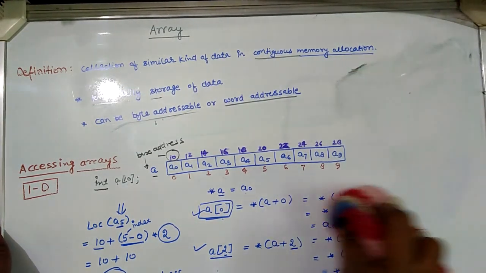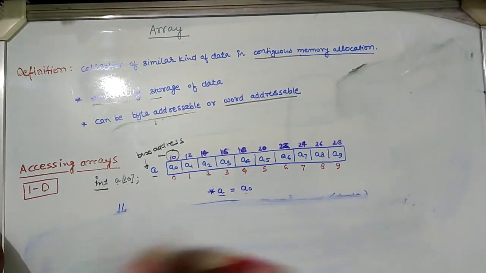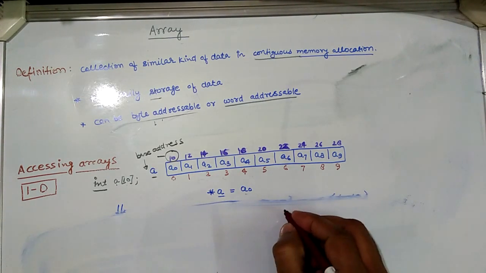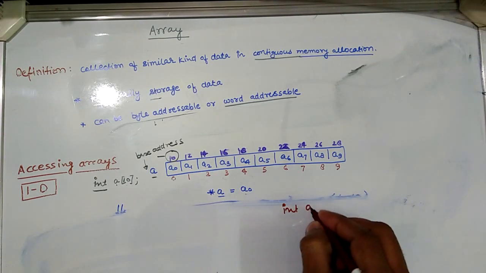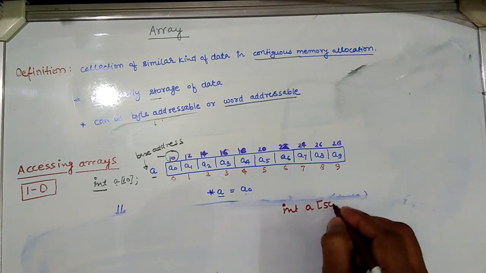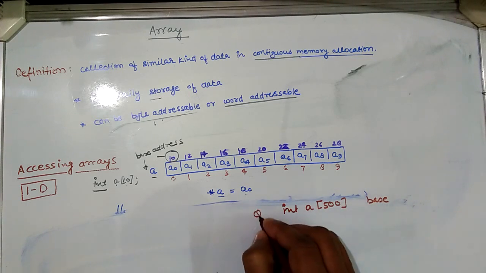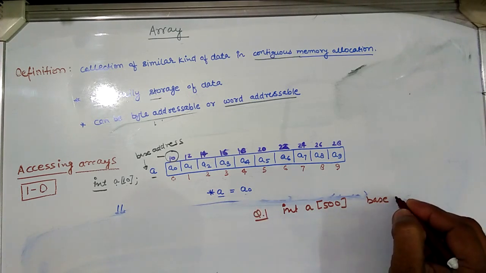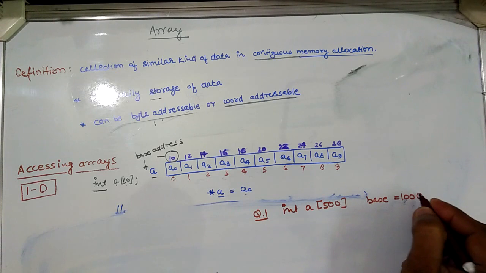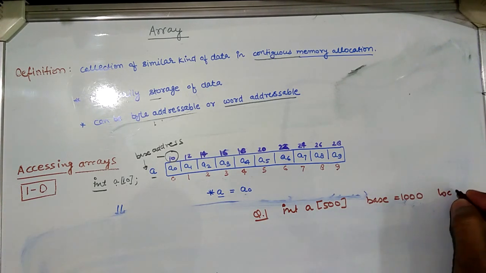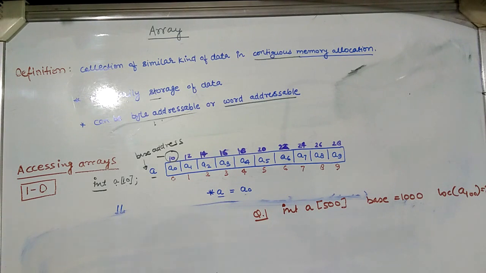Let's suppose an array is given as integer a of 500. The base address is 1000, and the question is what is the location of a of 100? You need to figure out the location of a of 100.